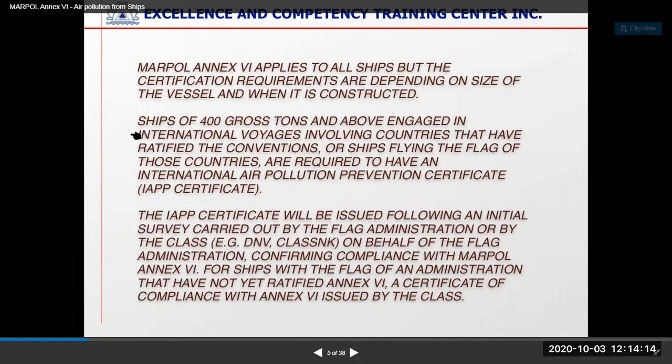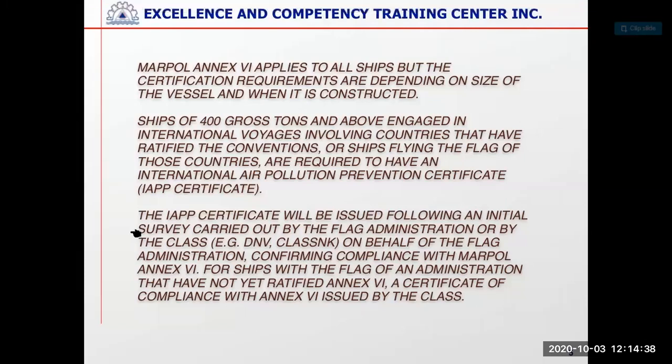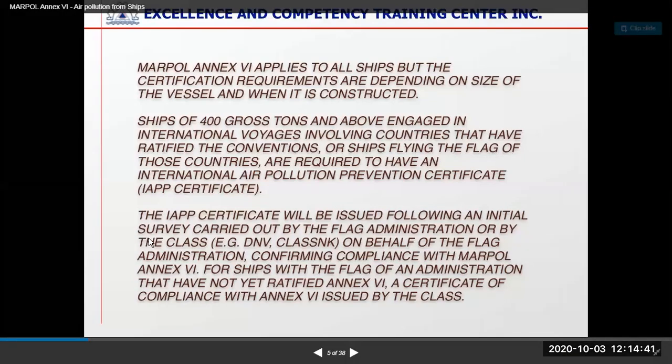Ships of 400 GRT and above engaged in international voyages, from ratified countries or flying the flag of ratified countries, need to have an IAPP certificate, International Air Pollution Prevention Certificate, as per Annex 6. This IAPP certificate will be issued, like all harmonized system of surveys, by the flag state and class on behalf of the flag state. Validity will be 5 years, and annual verification will be there.